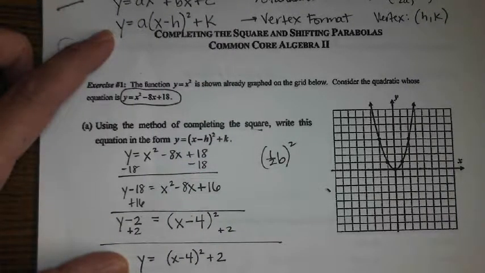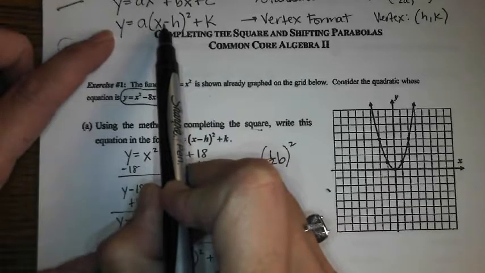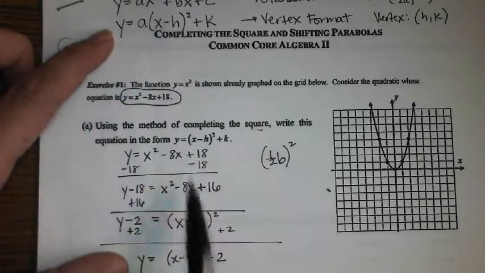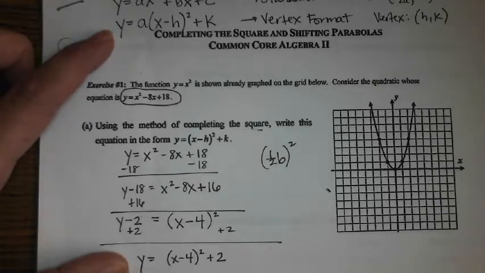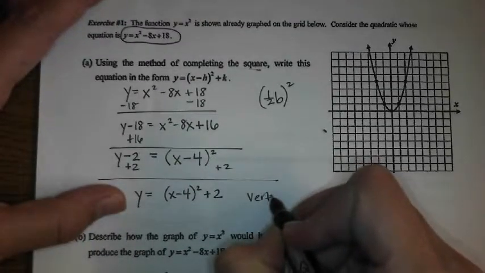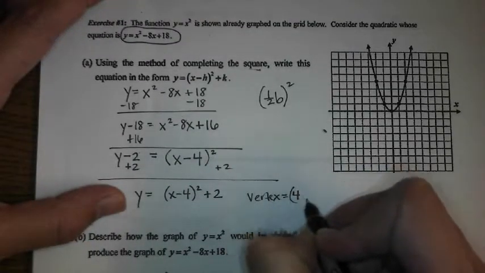Is it 4 or negative 4? The negative belongs to the formula. The H has just been replaced with a 4. So H is 4. What has replaced the K? 2. So H, K is 4, 2. That's your vertex. Okay? Vertex equals 4, 2.